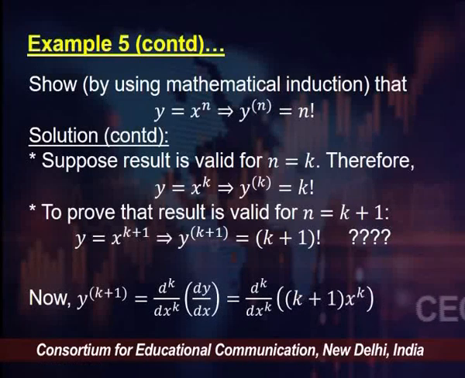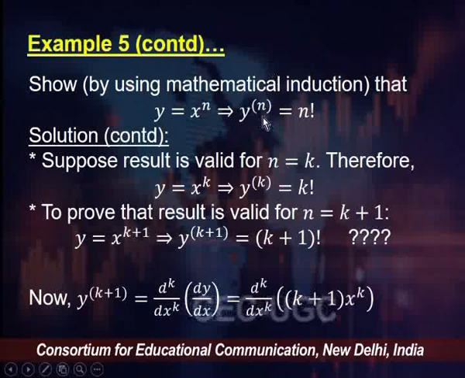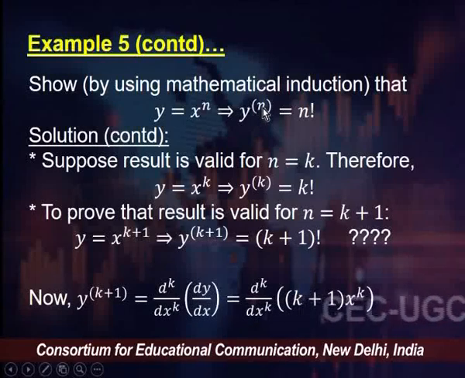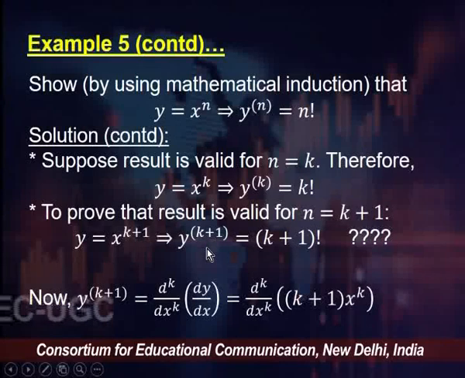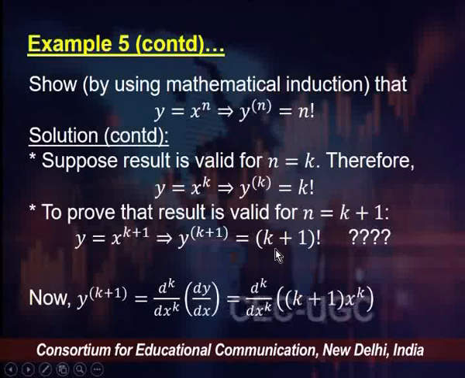Let us now work on the k plus 1th derivative of y, because now n is k plus 1, so we have to work on the k plus 1th derivative. Okay. So what we have to prove is that the k plus 1th derivative is equal to k plus 1 factorial. Let's see if that is true.